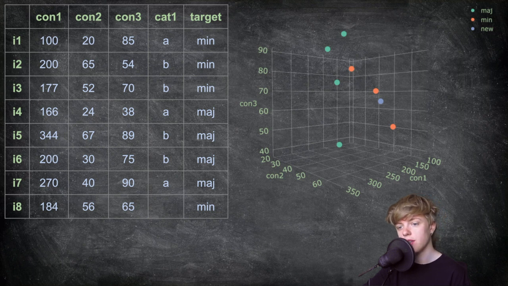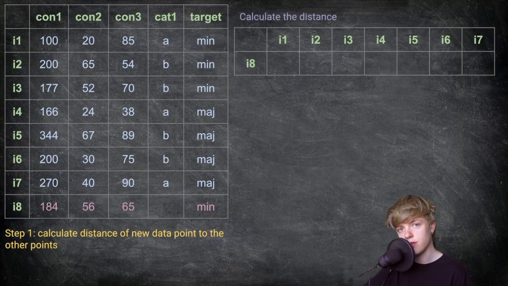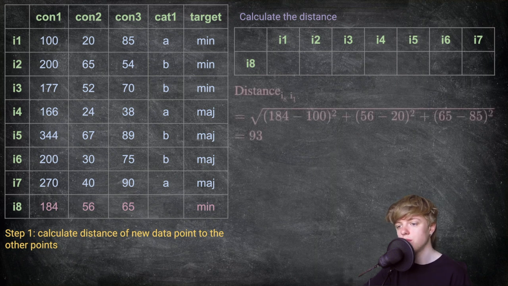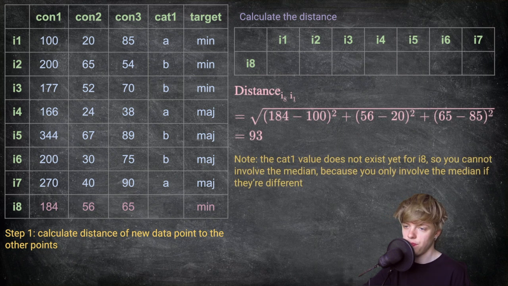Now we're going to calculate the value for categorical 1. First, we calculate the distance of the new data point to the other points. So from I8 to all others. We do this with the Euclidean distance.